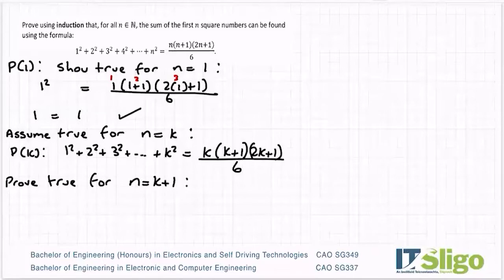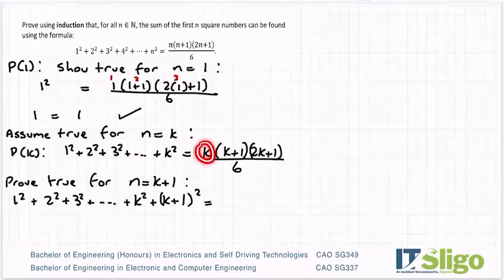Okay, so my left-hand side becomes 1 squared plus 2 squared plus 3 squared plus ... plus k squared. So I build from here. So I leave the k squared there. And k plus 1 is one term up from k. So the next term up from k is k plus 1 squared. Okay, and on the right-hand side, all of these k's will become k plus 1s.